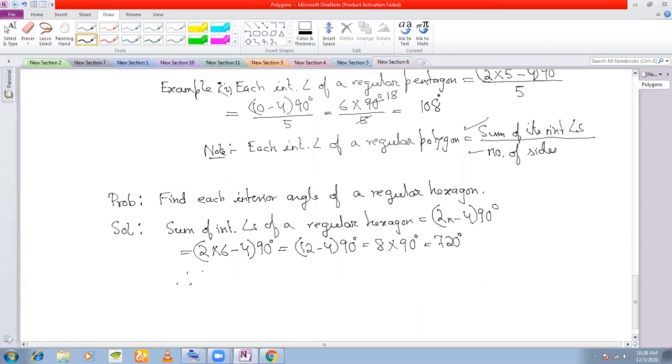So the sum of interior angles of a regular hexagon is 720. So therefore, what should be each interior angle? Each interior angle of a regular hexagon is equal to the sum of its interior angles divided by the number of sides.